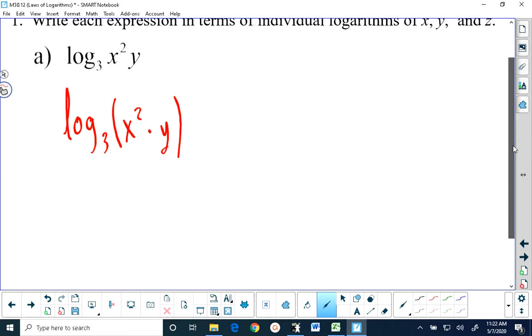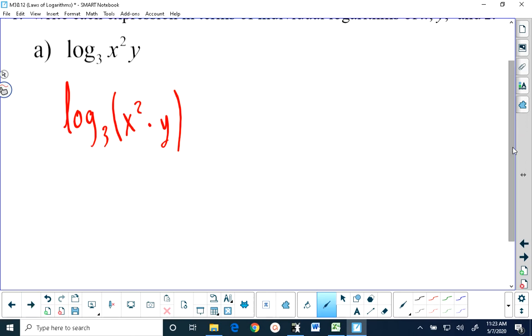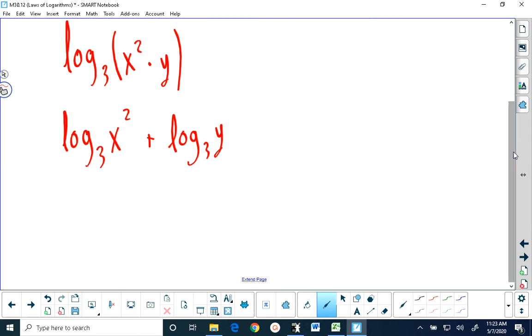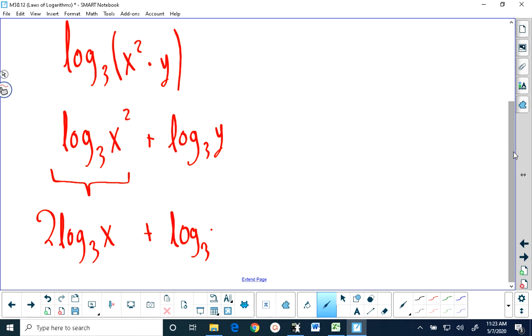Well, since it's a logarithm of a product, the product law says I can take the sum of the individual logarithms of the things that were being multiplied. Logarithm of a product is equal to the sum of the logarithms. And finally, what I can do is write this first logarithm as 2 log base 3 of x, and then I have plus log base 3 of y.